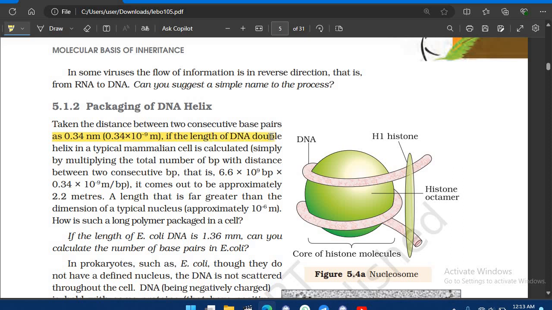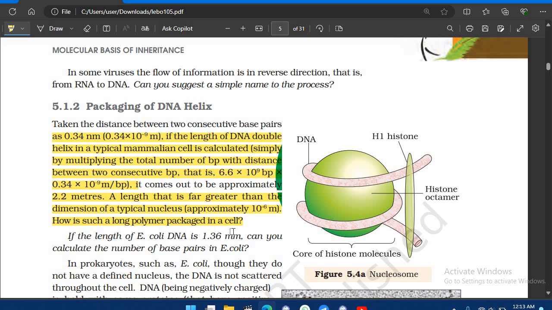The length of a DNA double helix is calculated by multiplying the total number of base pairs by the distance between consecutive base pairs. It has 6.6 into 10 to the power 9 base pairs and 0.34 into 10 to the power minus 9 meter per base pair, which comes to approximately 2.2 meter.